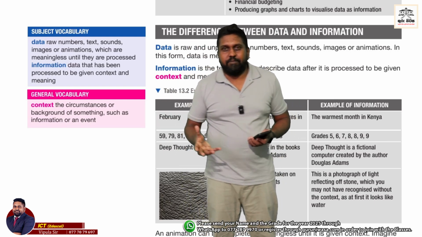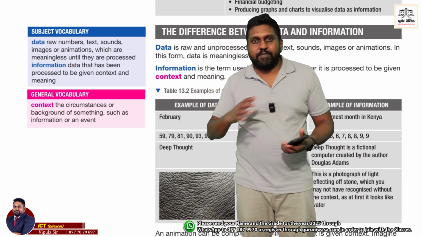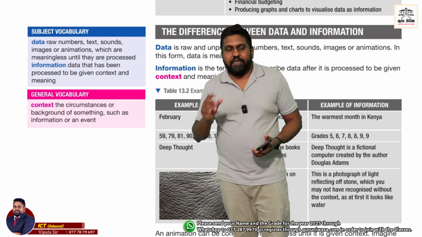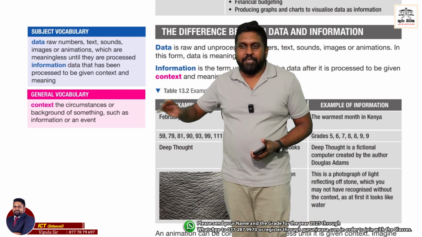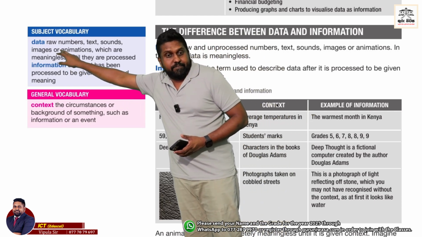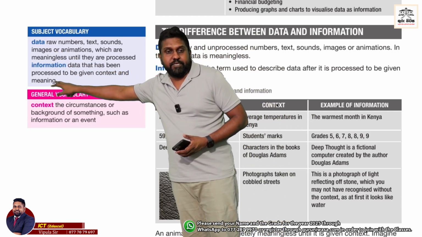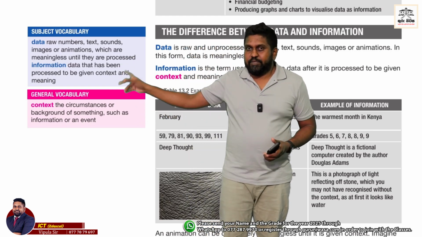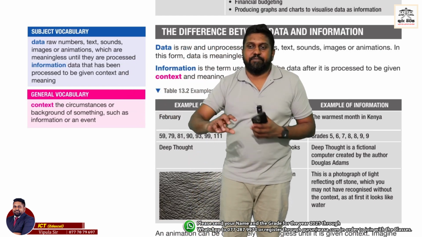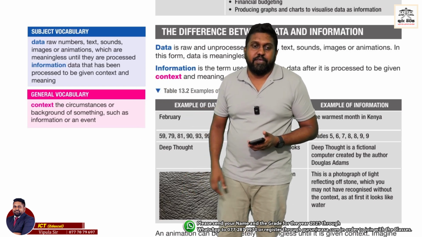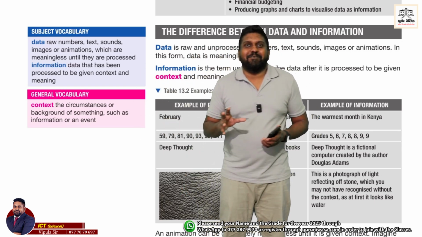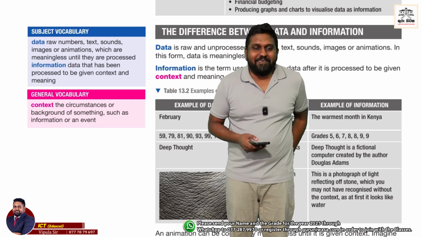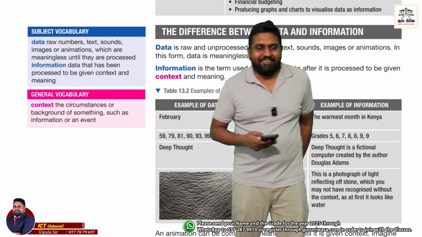The subject vocabulary is the one used throughout the entire subject or module, where you have the specific keywords. So you have the keyword here called data, and the keyword called information. This is just a paragraph, but if you can keep that highlighted, or write it down in your book, it will help you remember. But we will be covering this later on.